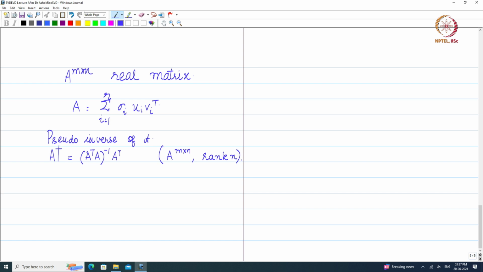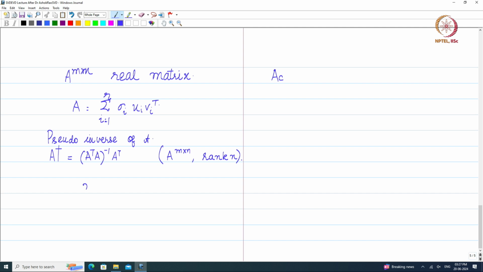I want to study the action of AX here. What does that mean? In fact, we will actually know what is the action of A pseudo inverse. What is the action of A pseudo inverse of a matrix?